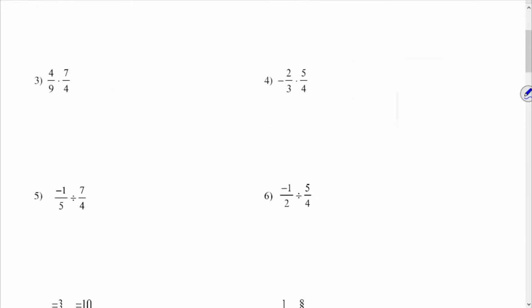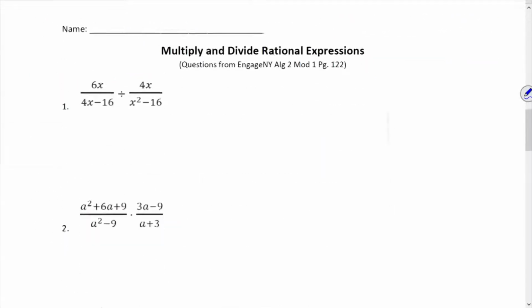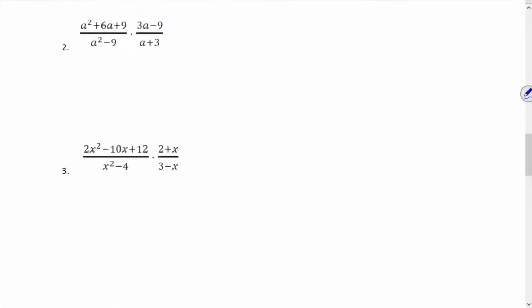Now let's look at multiplying rational expressions. So in a problem like number 2, I don't need common denominators. That's for adding and subtracting. But what I will do is first factor both numerators and denominators.